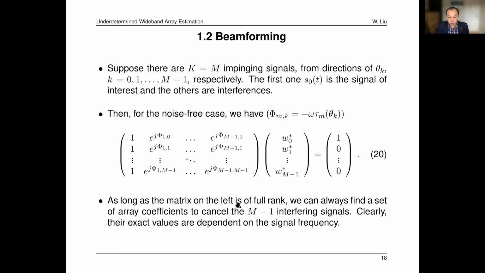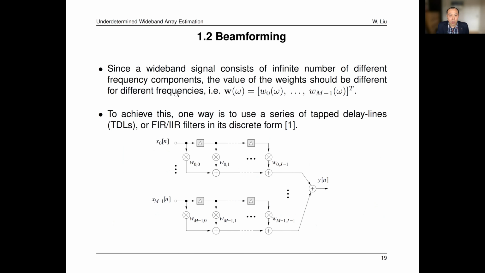As long as the matrix on the left is full rank, we can always find a set of array coefficients to cancel the M-1 interference signals. The exact values depend on the signal frequency, and certainly also on the geometry of the array. Given a fixed geometry, they depend on the frequency. Since a wideband signal consists of an infinite number of different frequency components, the value of the weights should be different for different frequencies.